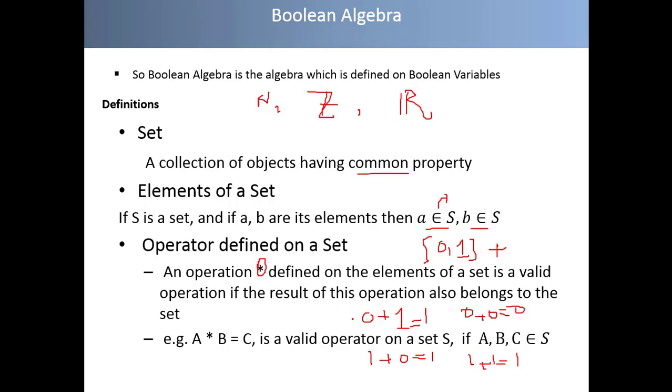So we say that this addition is a valid operator on this set, because in all possible cases of operands the result is a number which belongs to this set. So we say that this set is closed with respect to binary addition.